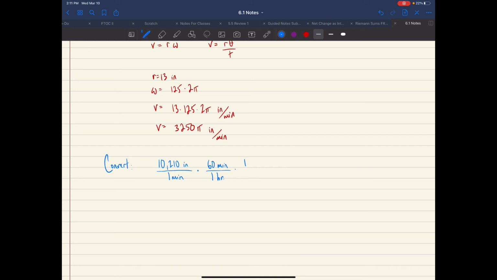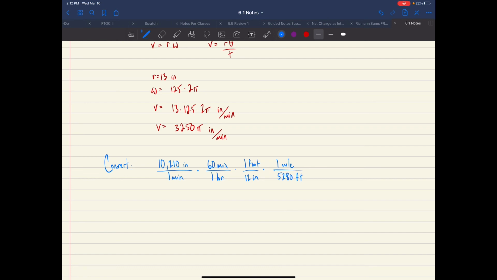So in 1 foot, there are 12 inches. And 1 mile has 5,280 feet.